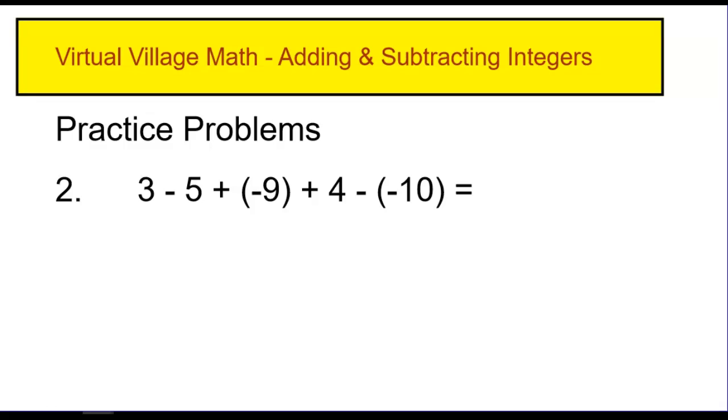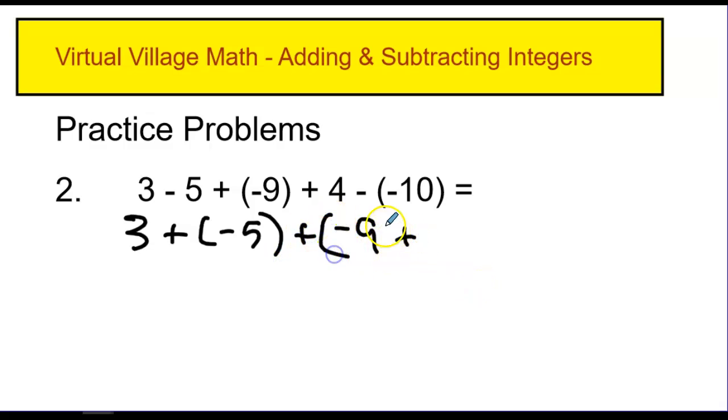This next one, I'm going to change everything to addition so you can see how that works. 3 minus 5 is the same thing as 3 plus negative 5. I don't have to change here because I'm adding negative 9. Don't have to change here because I'm adding 4. Subtracting negative 10 is the same thing as adding a positive 10. Now that everything's addition, you could add in any order you want.